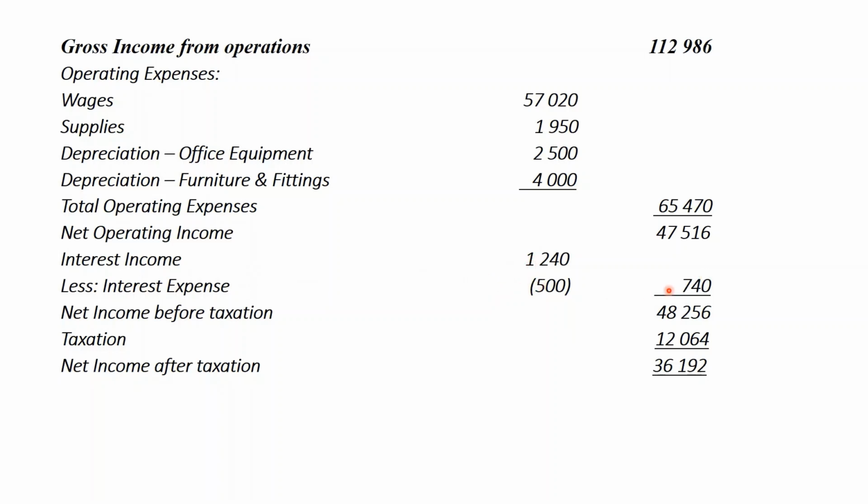So we get 740, and we can add these two together and get net income before taxation. Where our taxation would be 25% of this, which is 12,064. We get net income after tax of 36,192.